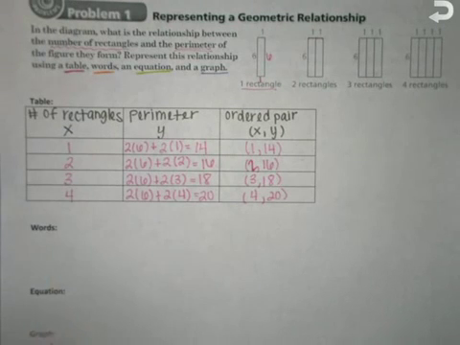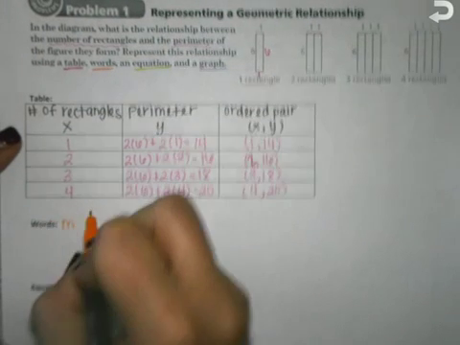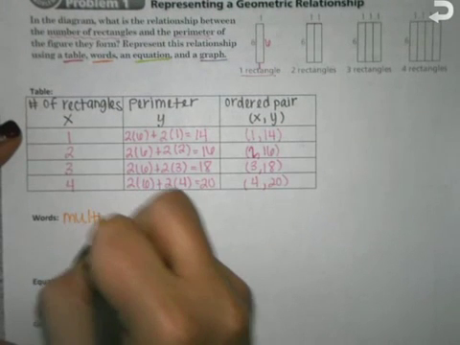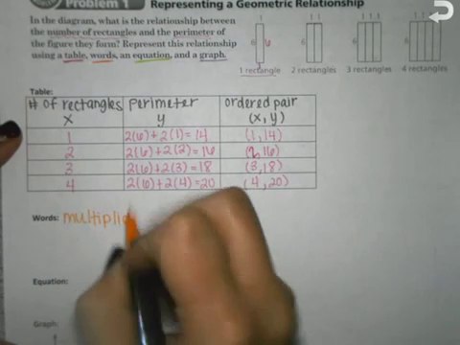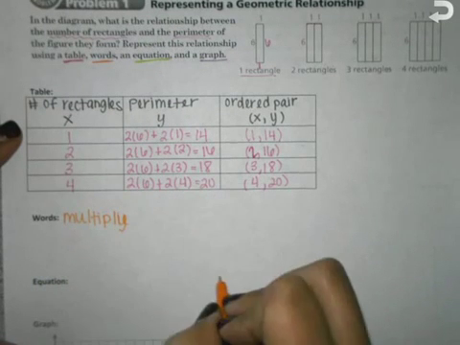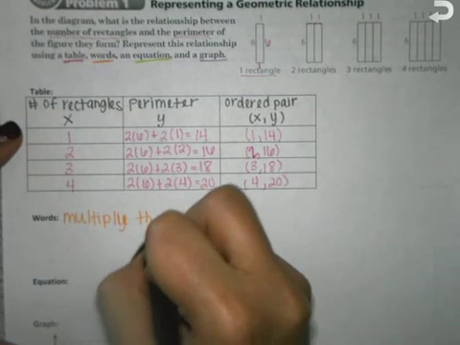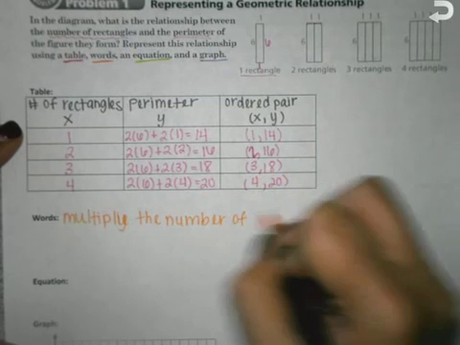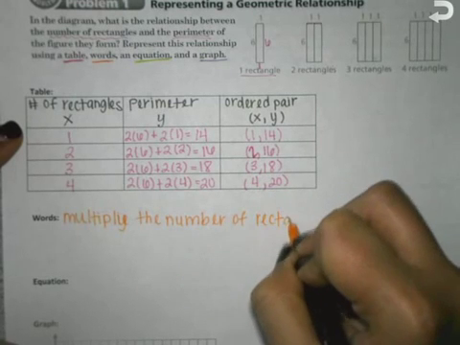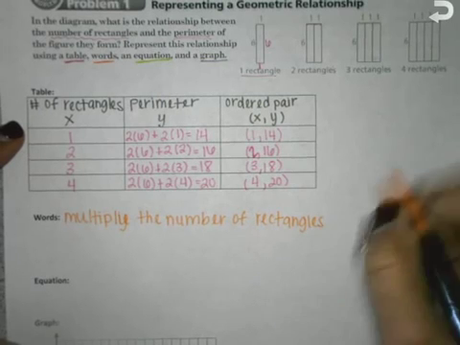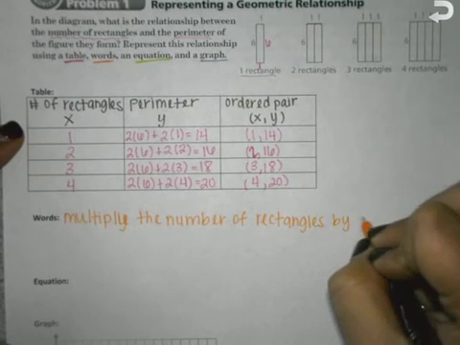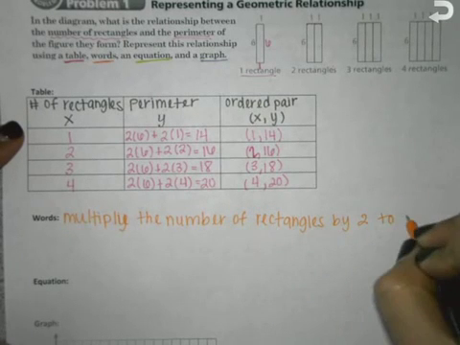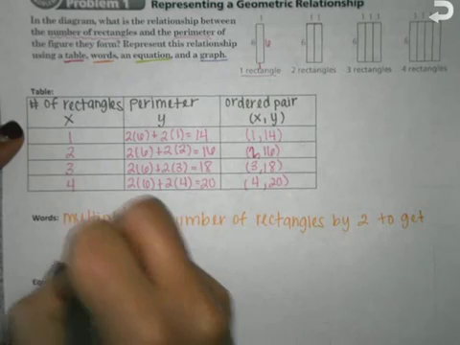So let's write that in words. First, we multiplied the number of rectangles by 2 to get the total width.